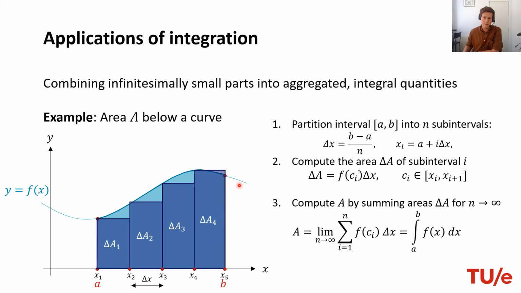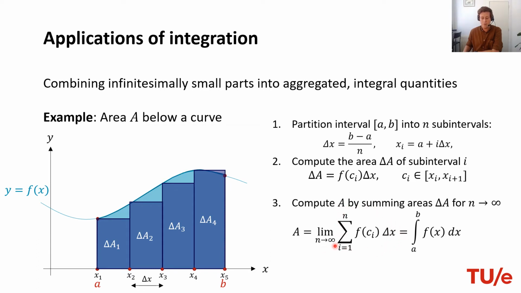And in the limit of n going to infinity, the area of the dark blue rectangles will be exactly equal to the light blue area below our function f of x. We just compute the sum of all these small areas, delta A.